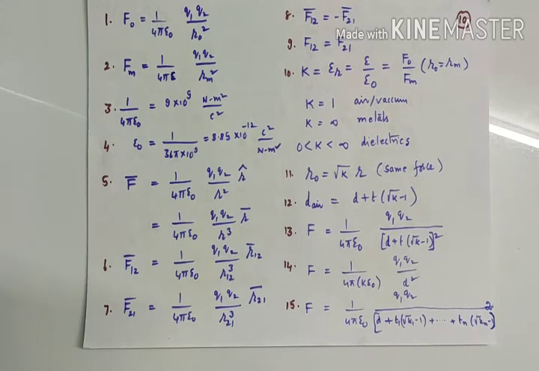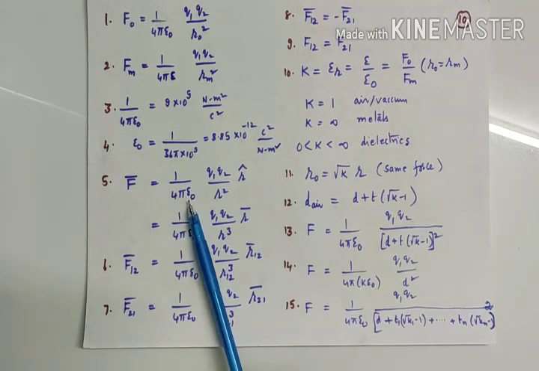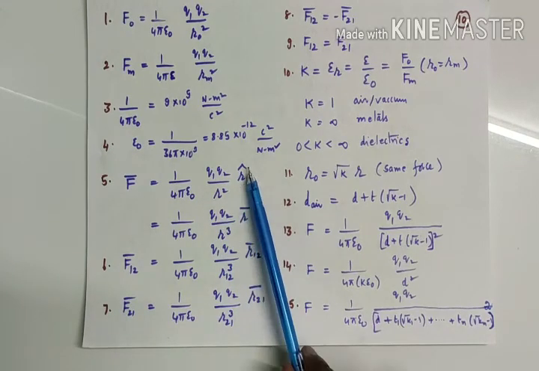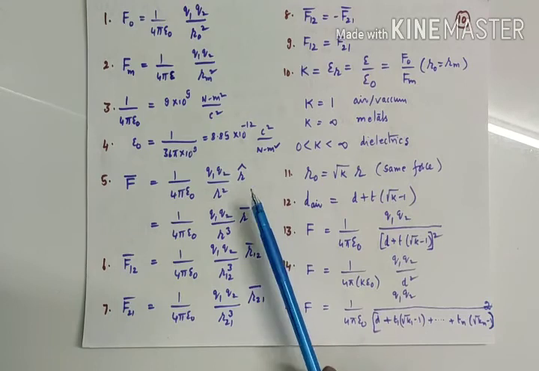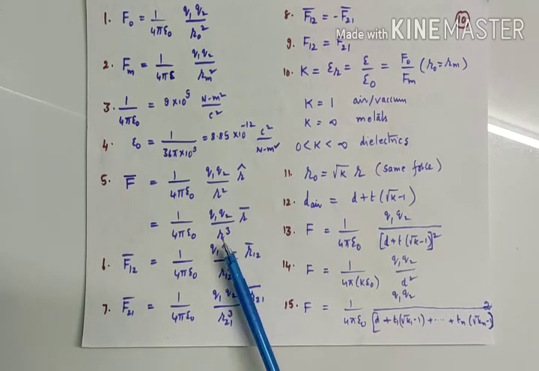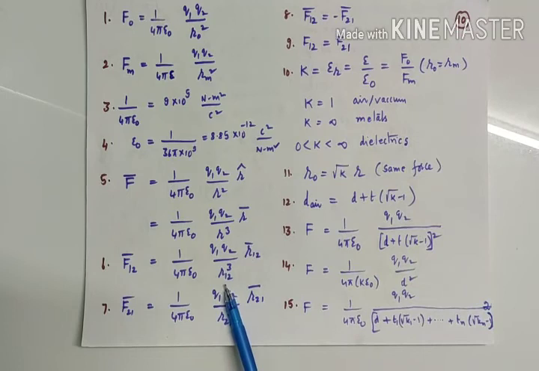And Coulomb's law in vector form: F bar is equal to 1 by 4 pi epsilon naught Q1 Q2 divided by R square into R cap. R cap can be written as R bar by R. So R square into R is R cube. Force acting on first charge by second charge is equal to 1 by 4 pi epsilon naught Q1 Q2 divided by R12 cube into R12 bar.